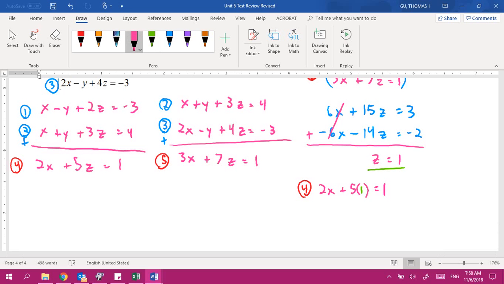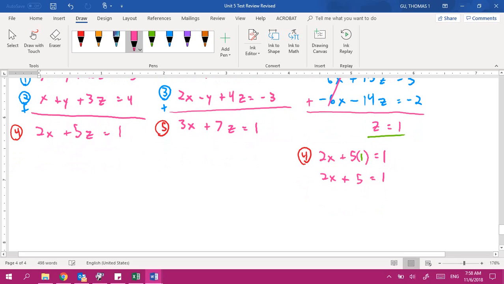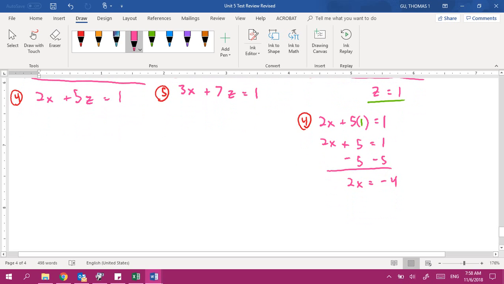If I simplify this now, it's going to be 2x plus, what's 5 times 1? 5 equals 1. And then what should I do here to solve for x? Subtract 5, right? And then that leaves me with 2x equals negative 4. And then finally, divide both sides by 2, so x equals negative 2.